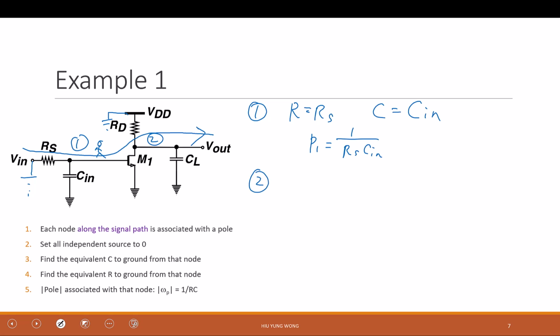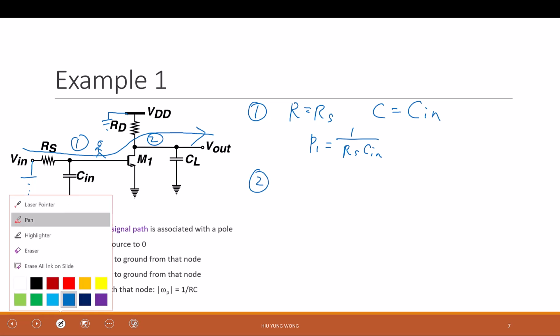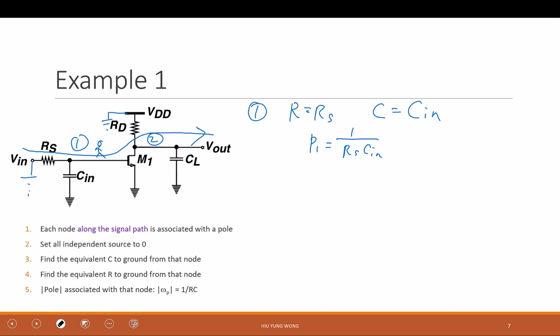How about the pole due to the second node? This one requires some careful thinking. The answer probably is the same, but you need to think carefully. So I stand here. My first question is, what is the resistor that will bring me to the ground?